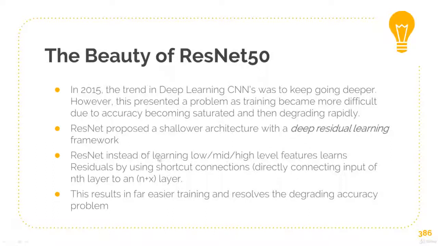Instead of learning low, mid, and high level features, ResNet learns residuals by using shortcut connections, directly connecting the input of the nth layer to an n plus x layer. So this results in far easier training and resolves the degrading accuracy problem.